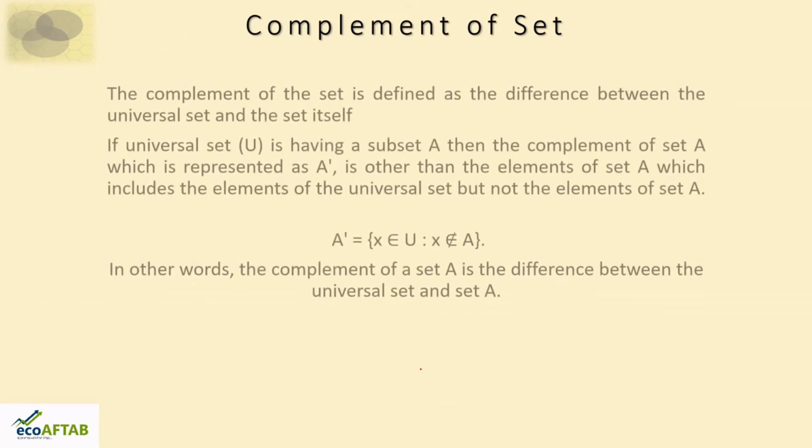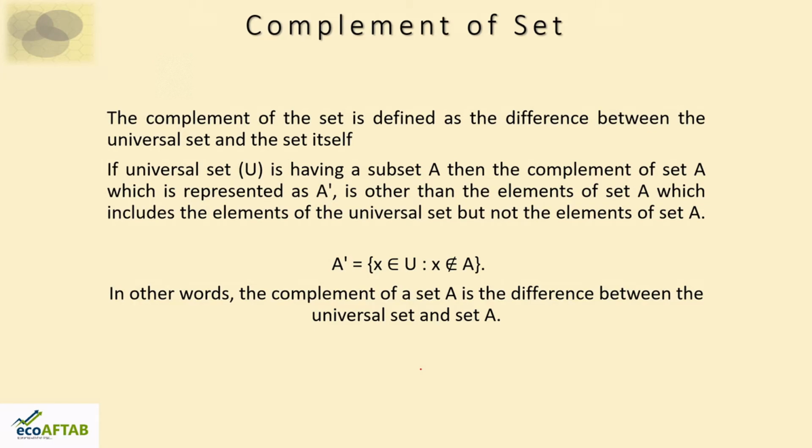complement of a set. So what do we mean by complement? The complement of a set is defined as the difference between the universal set and the set itself. What is the universal set?